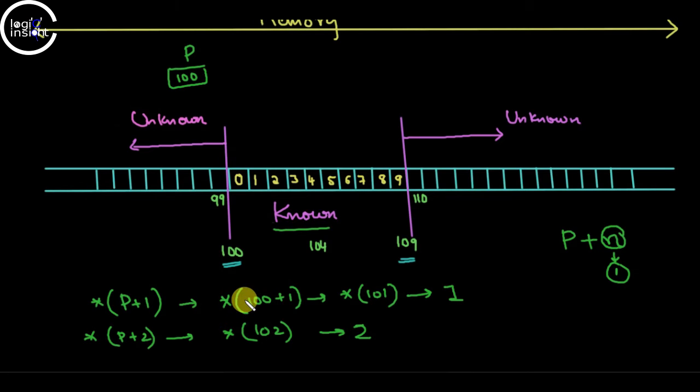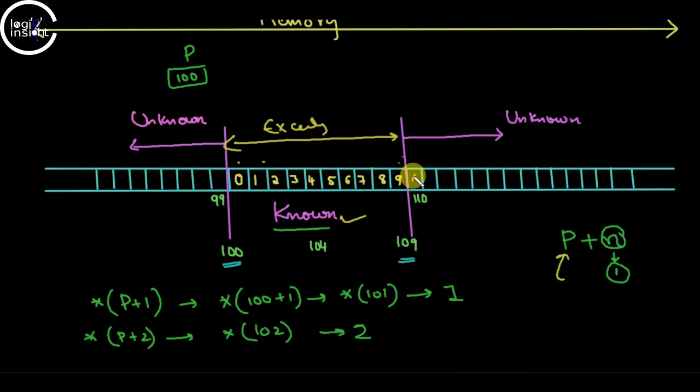No matter what number you add to a pointer, it should be in this range. That's why I have written here "known". So you can traverse from 0 to 9, or 1 to 9, or 2 to 9, but we have to be in this range only. We should not exceed this range. What happens if we exceed it?